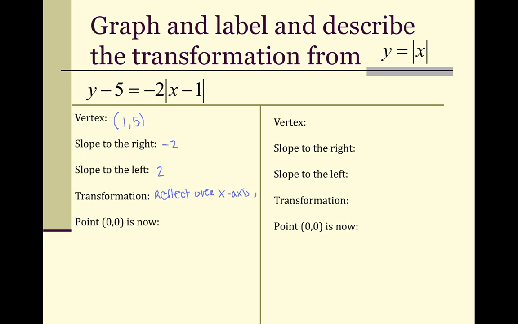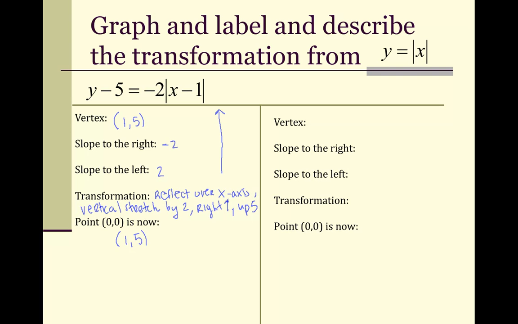But I'm going to refer to it as a vertical stretch to get more fancy by 2. And then it's going to go right 1 and up 5. Right? I think it's important to recognize all of that. The point 0, 0 is now at 1, 5.